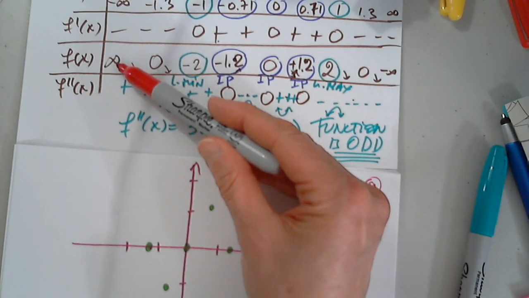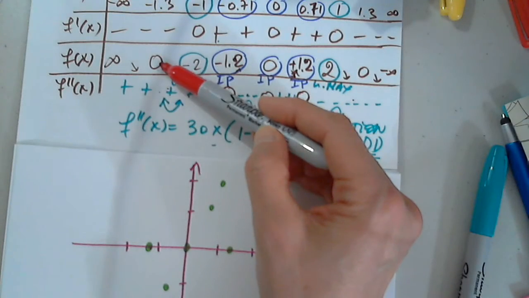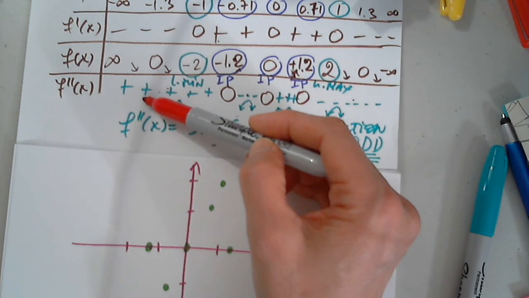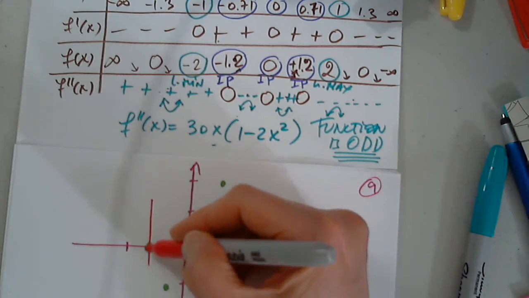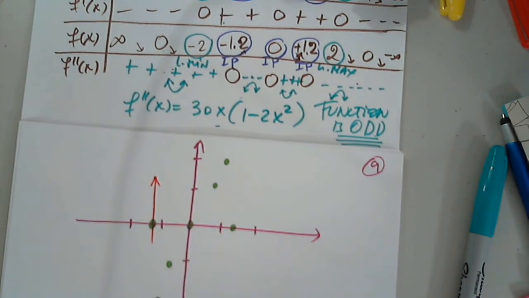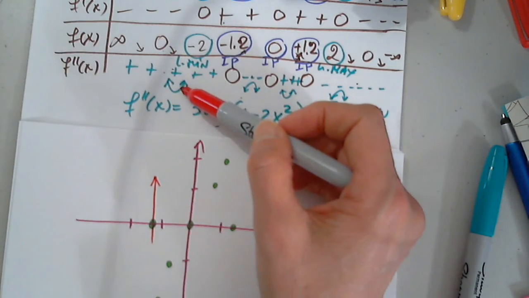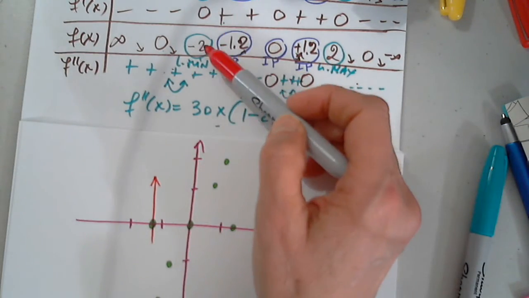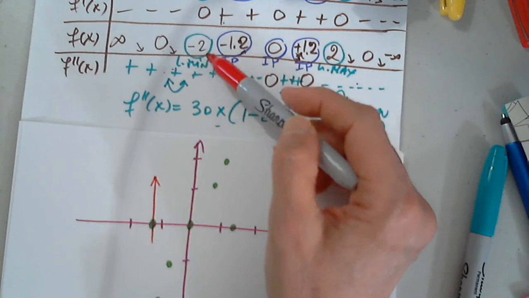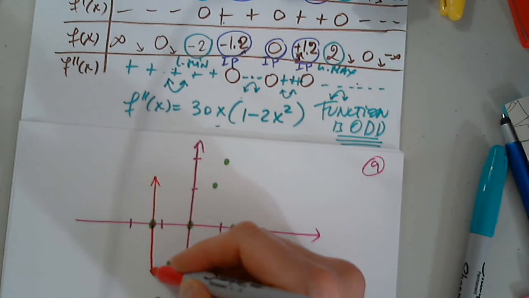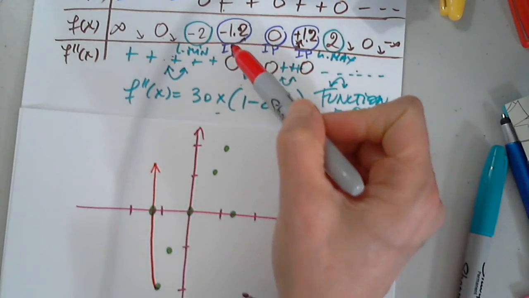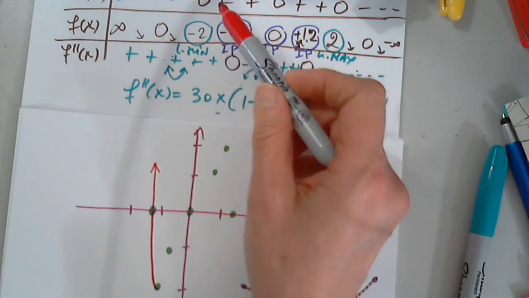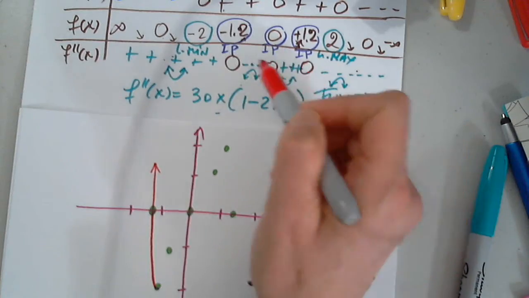Coming from positive infinity to the x-intercept opening up, decreasing. Continuing to decrease to -1, -2, where it has a local minimum. Continuing to, so now it's, where am I?